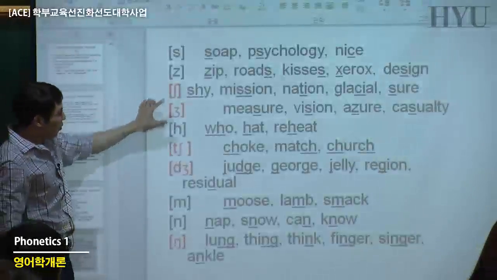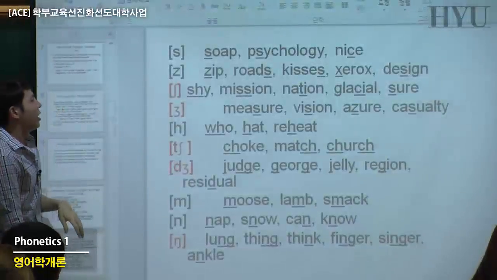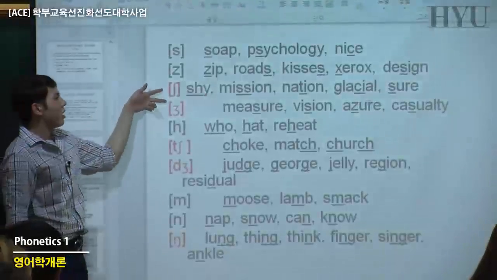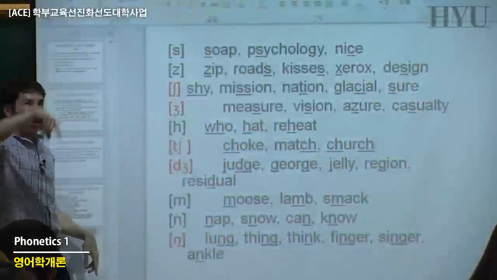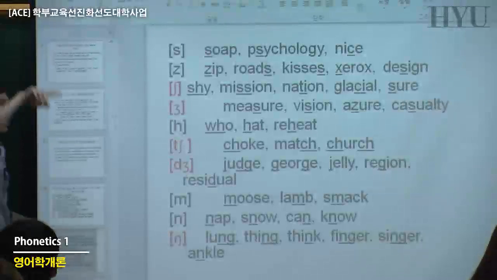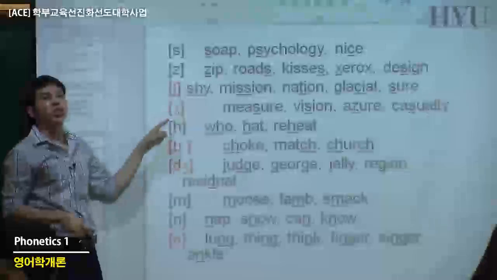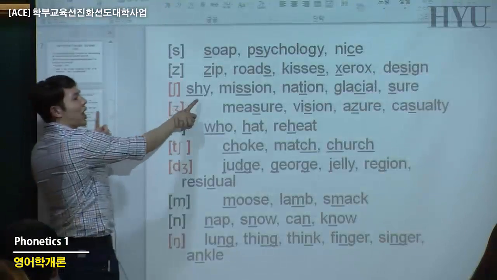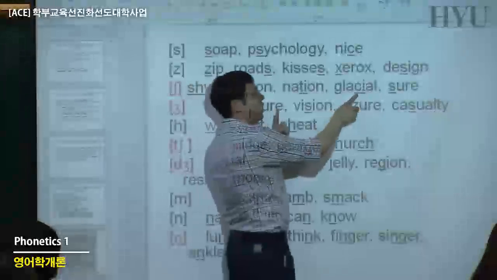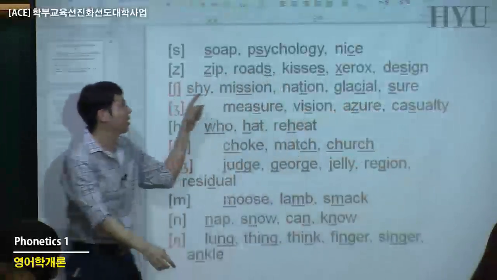And then the ones in the red are the ones that are not in the English writing system. So this one, which looks like a hook, is sh, like that. So shy, mission, nation, glacier, sure, like that, right?